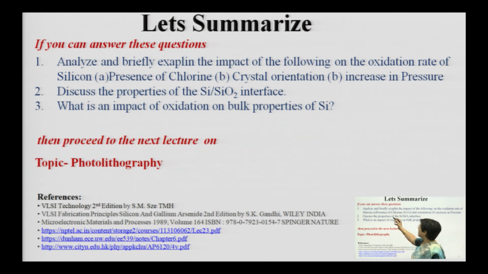Briefly, you make use of these particular factors like crystal orientation, temperature, pressure, and the chlorine species, and how they can be used to study the impact and get the oxidation process done as per the specifications demanded by the device. You can also study these different trapped charges and the consequences resulting because of them.